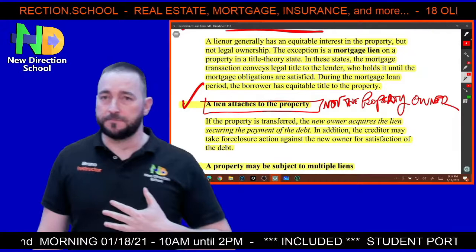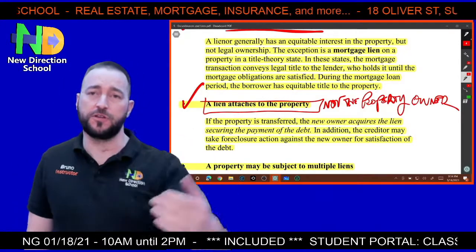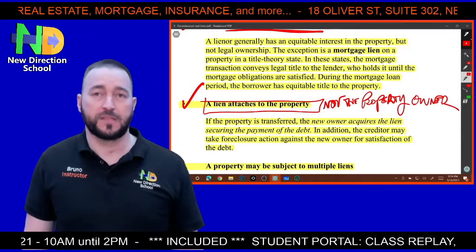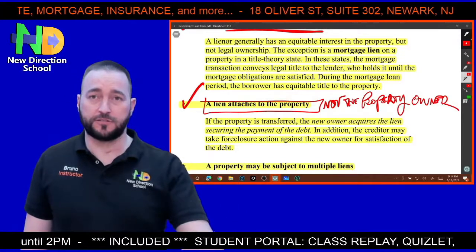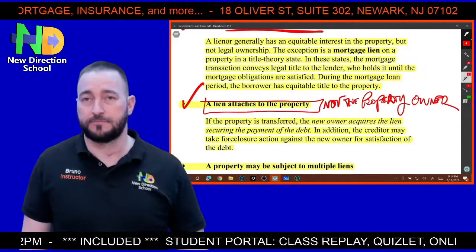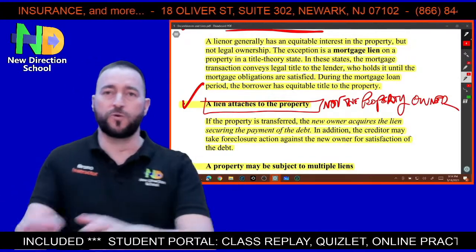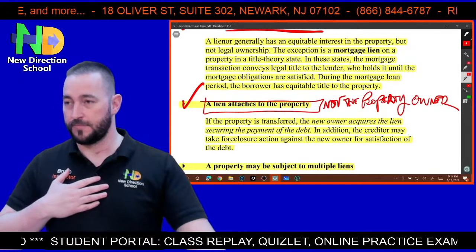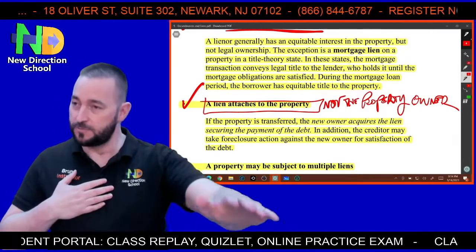What does that mean? If I get a mortgage on my property and I sell the property to you without paying the mortgage, guess what? If I don't pay that mortgage and you don't pay that mortgage, you're going to lose the property. Not me, because I already sold it to you. The lien goes with the property. The debt goes with me. But when I sold to you, the lien does not disappear against the property. It needs to be paid off.